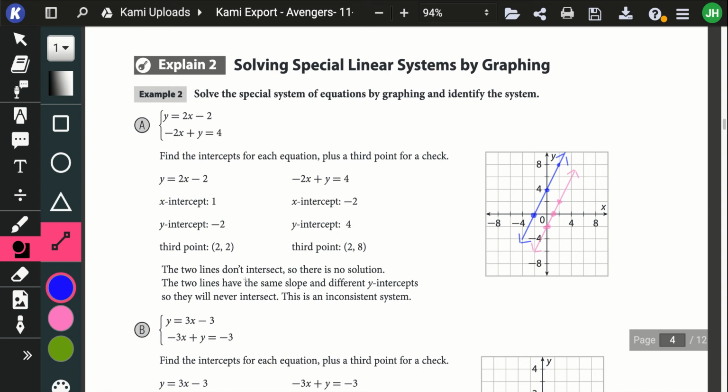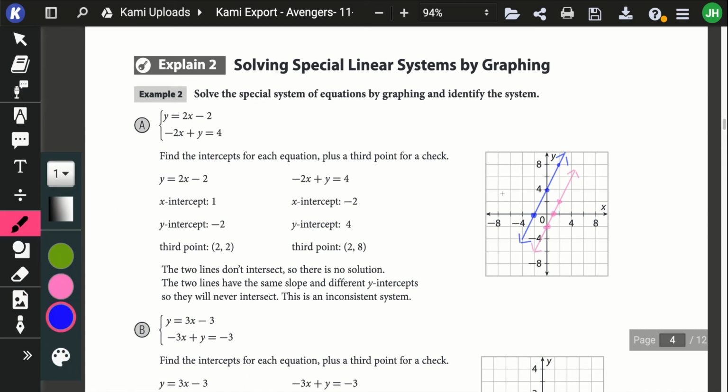They don't intersect. Let's check. They have a different intercept. What is the slope? We go up 1, 2 over 1, slope equals 2. What is the slope over here? Goes up 1, 2 over 1, slope equals 2. And I'm doing units, not numbers. If the slope is the same and the intercepts are different, they are parallel. It is an inconsistent system.